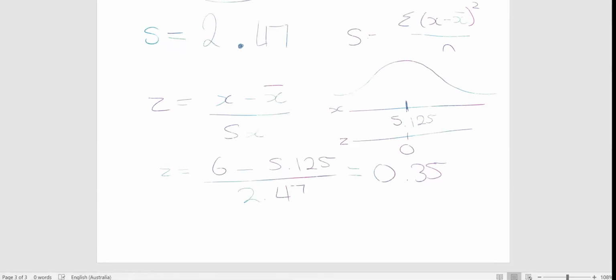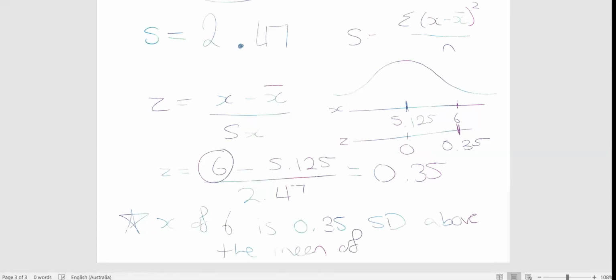We wanted to look at the particular data set point 6, which we calculated was 0.35 standard deviations above the mean. So our concluding statement is that x of 6 is 0.35 standard deviations above the mean of 5.125.